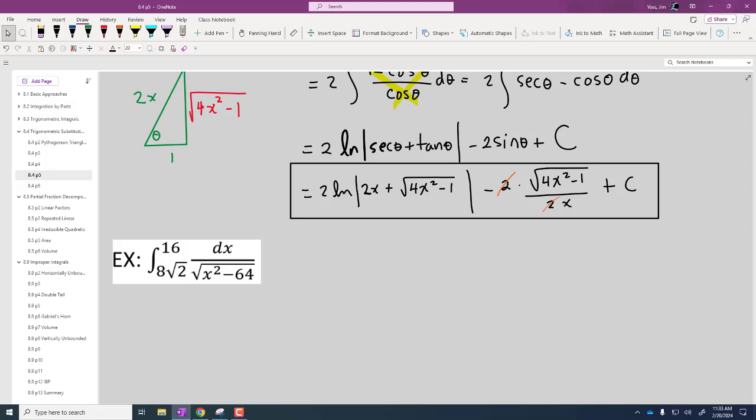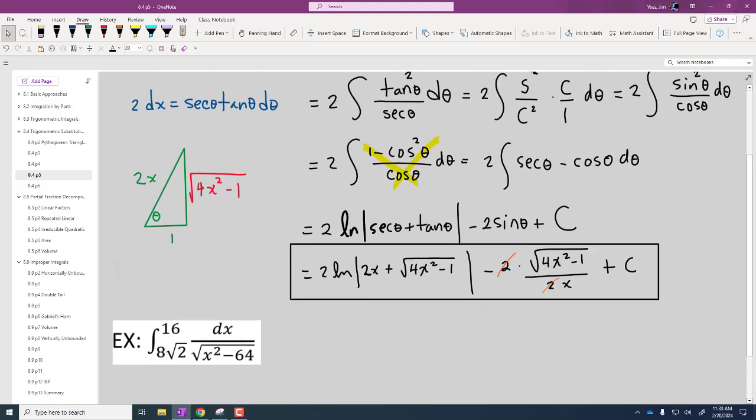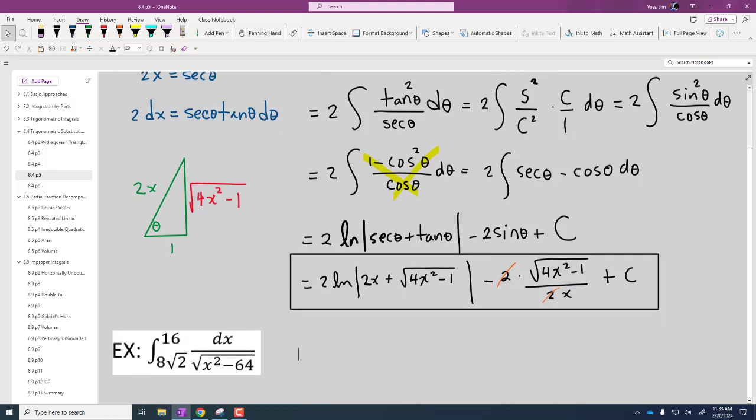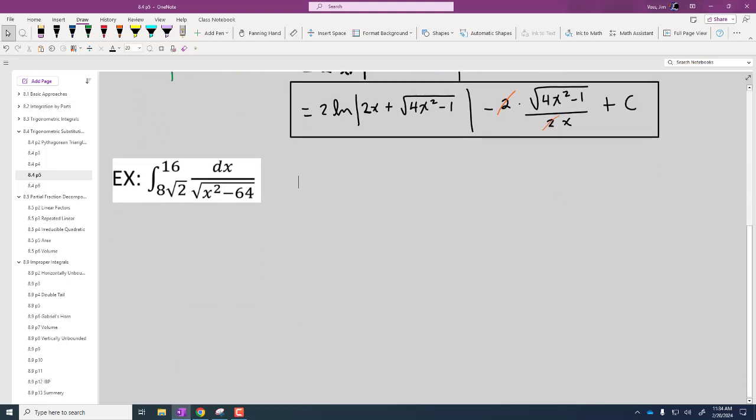It doesn't sound easy, it's easier than it sounds. All right, any question on that? Yeah, these definitely take a little processing because they're complicated.